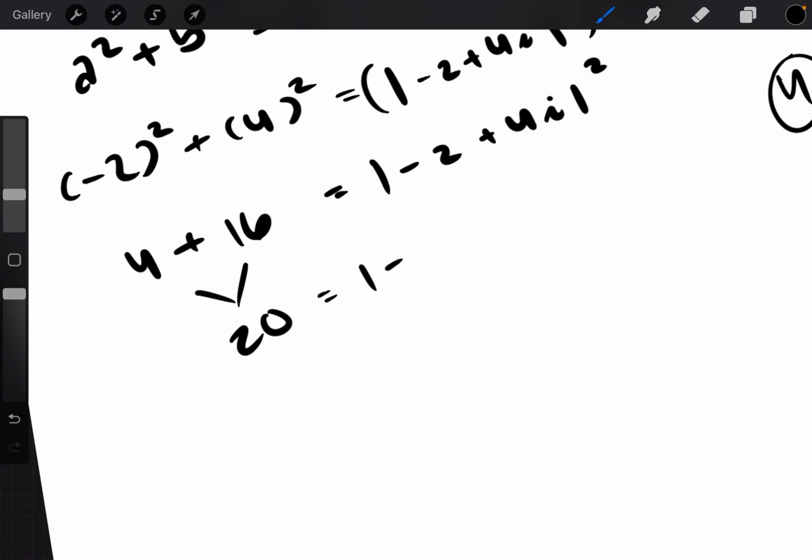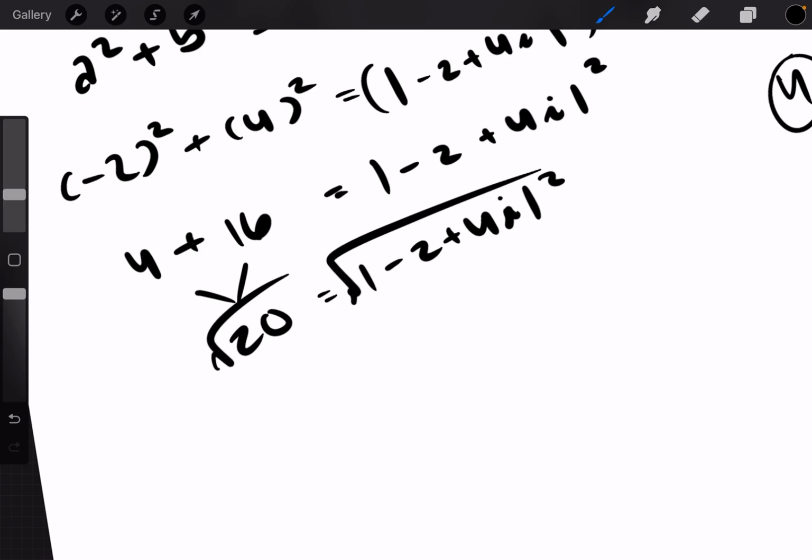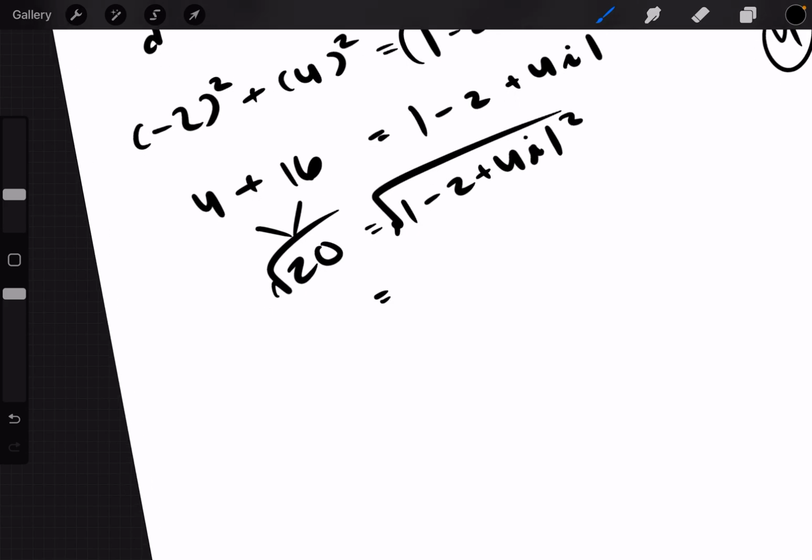Then you have the absolute value of -2 plus 4i, squared. The way we can isolate it, kind of make it by itself, is that we can take the square root.